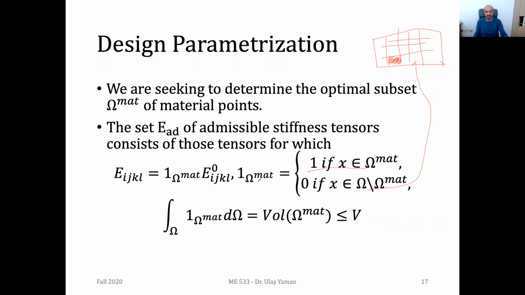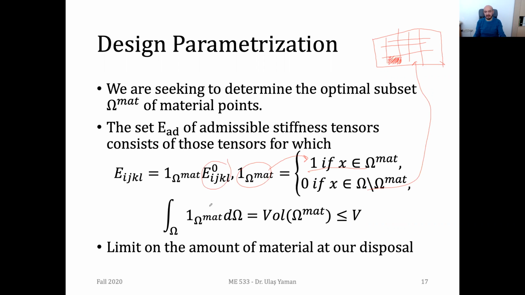For such cases, this value is equal to 0, but if you have material, obviously, it should be equal to 1. And we have an E0. This is actually the properties of isotropic material for a single element. If you have material, you multiply with 1. But if you don't have any material, then you simply multiply with 0, and then your stiffness tensor will be equal to 0.